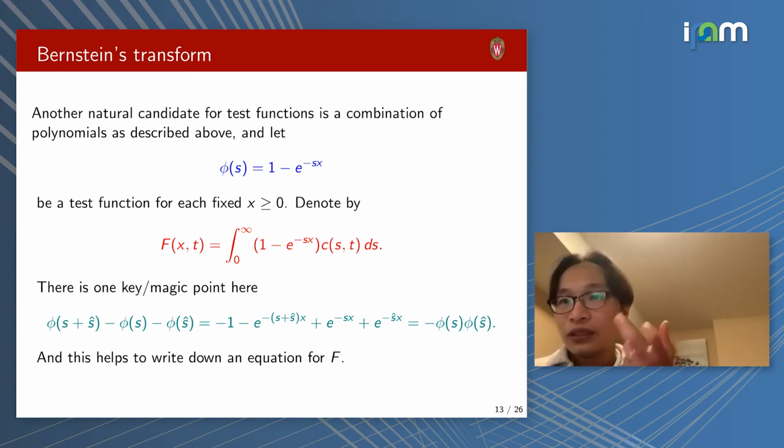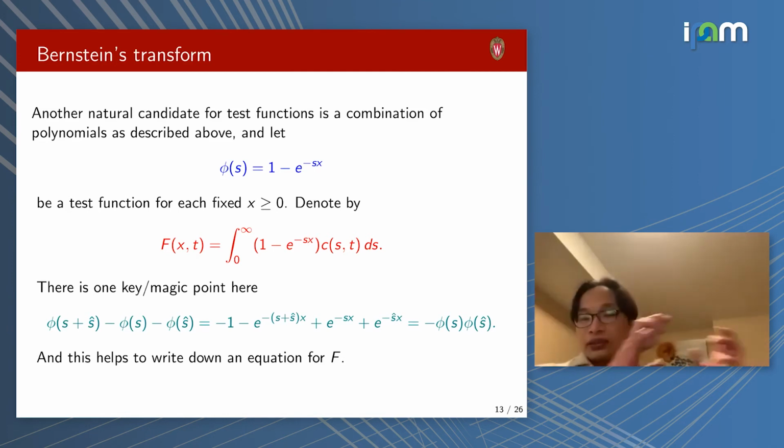With this test function, this then equals minus phi of s times phi of s hat, and this is a magic point that helps me write this sort of complicated difference term in terms of a product term, right?